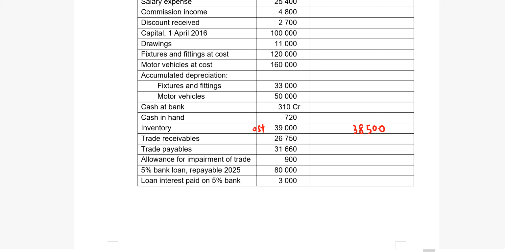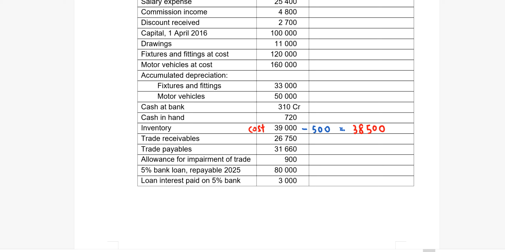Okay, this means that there's actually a loss in the value of inventory, and this loss in the value of inventory is known as my impairment loss. So let's see how much our loss is. The drop in value of my inventory is $500, correct? To get to $38,500.